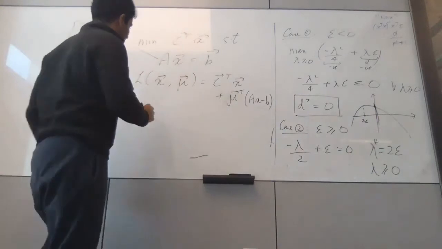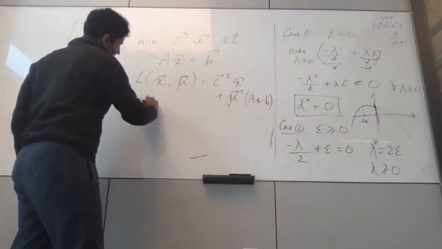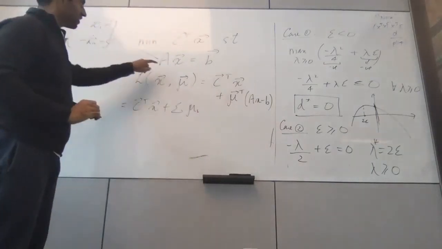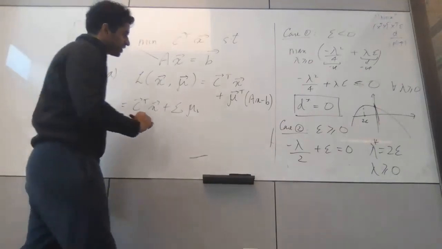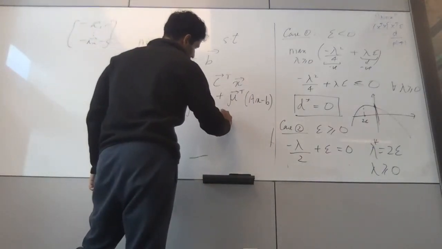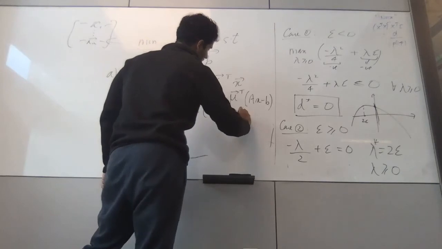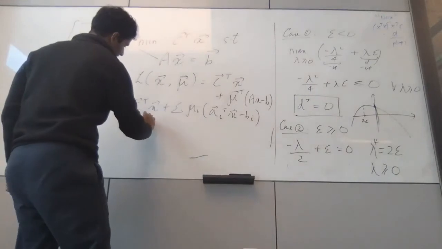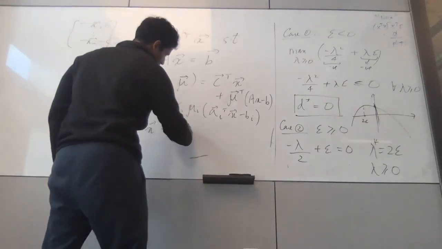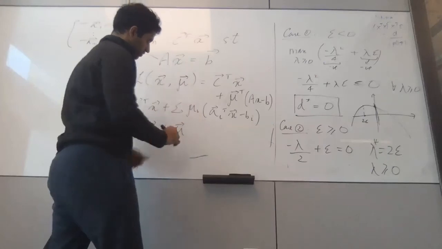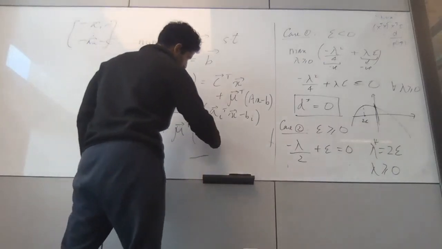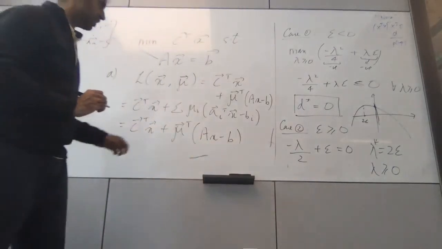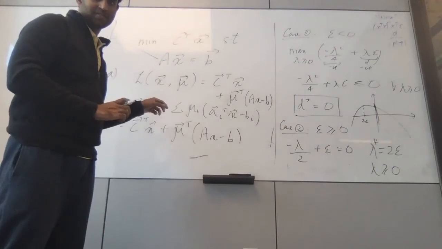The Lagrangian of this is simply going to be c transpose x plus the summation of mu_i, since each of these constraints will have its own dual variable, times (a_i transpose x minus b_i). But this is simply the same as c transpose x plus, if you vectorize the mu, so now you look at mu as a vector, you can write this as mu transpose (Ax minus b). Does this make sense? Yeah.